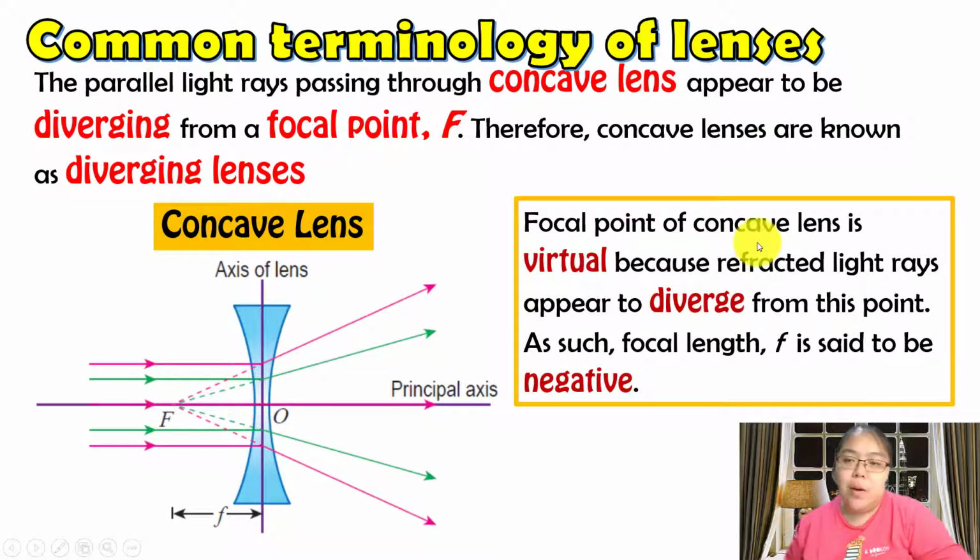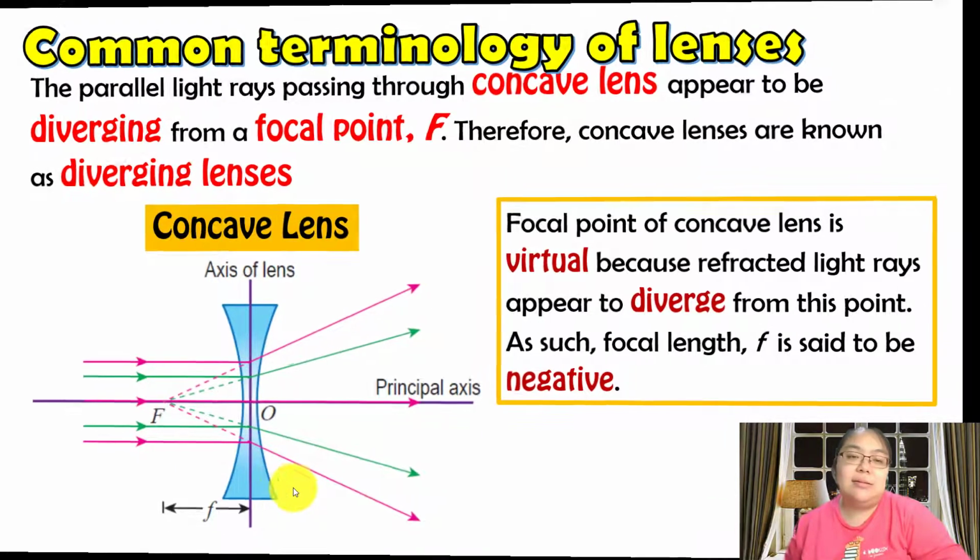The focal point of the concave lens is virtual, because the refracted light rays appear to diverge from this point. So they diverge from the focal point. As such, the focal length is negative. So from here, we know that for the concave lens, both the bigger F and smaller f have a negative answer.